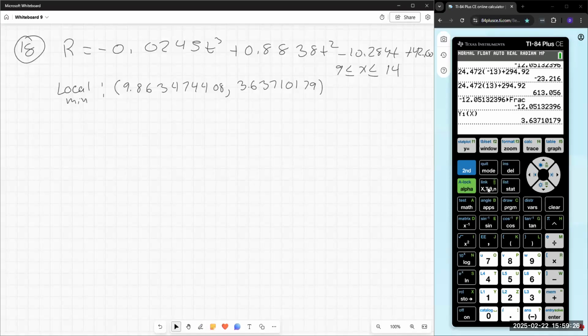See that the x value was what we were just looking at.